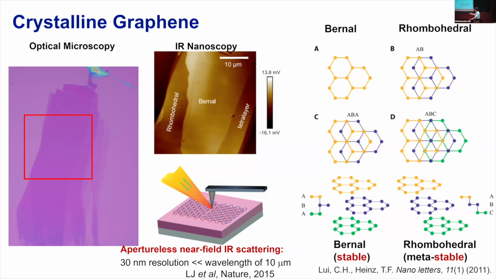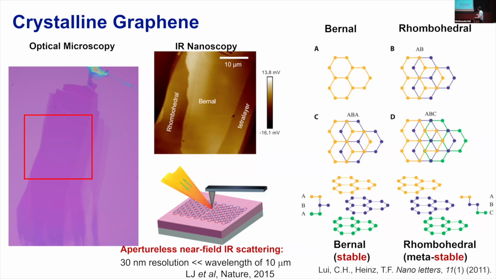And the darker region here corresponds to the so-called rhombohedral stacking, which corresponds to this kind of staircase-like ABC, ABC, ABC stacking. So you keep shifting the layers as you stack more and more of them on top of each other. And the rhombohedral stacking order is metastable. It is a local minimum in energy in terms of a structure parameter, but it's not as stable as Bernal stacking.